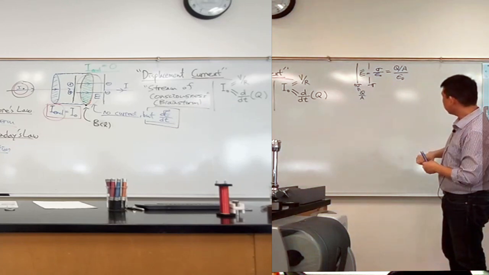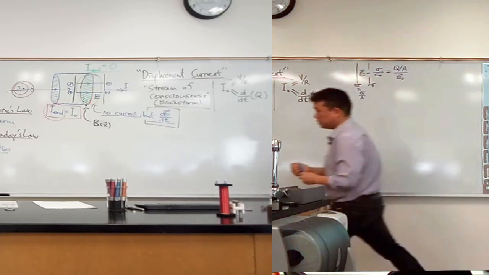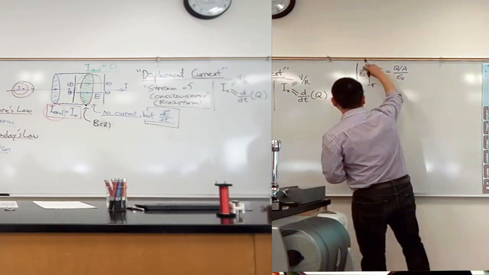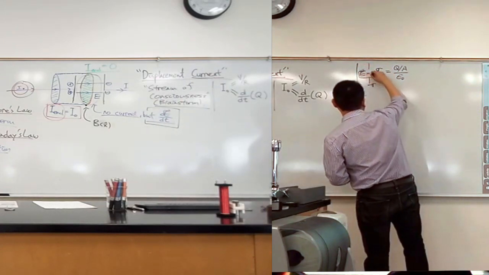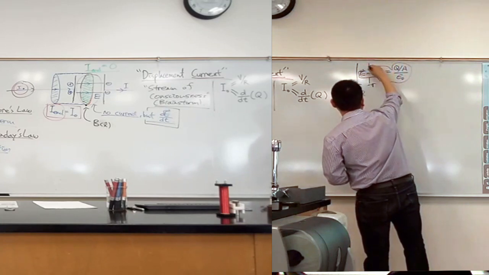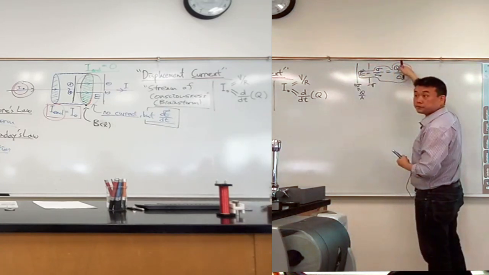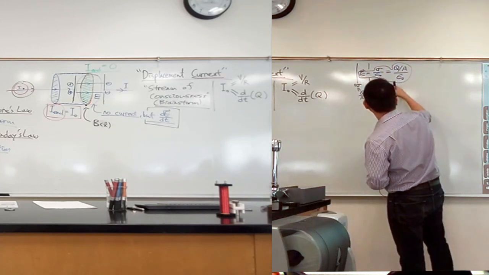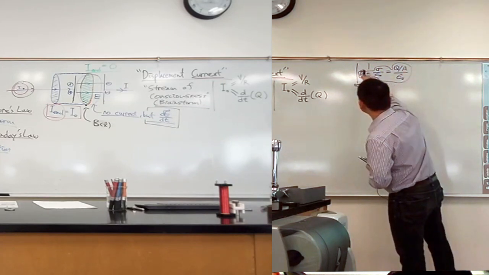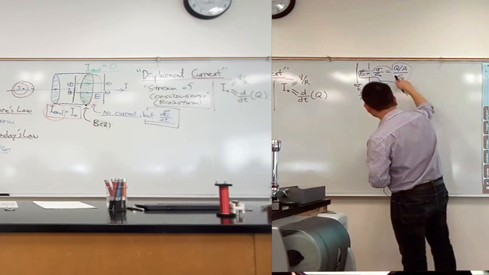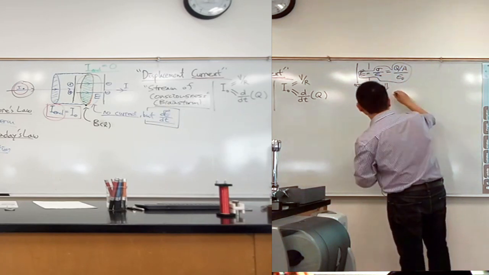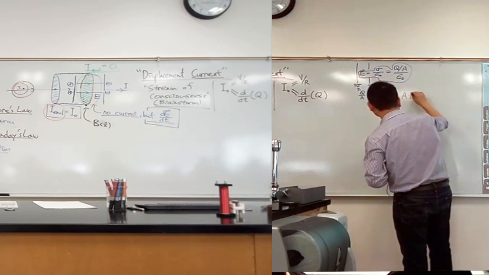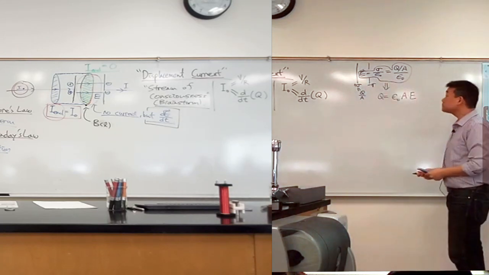So I'm going to take this expression, the electric field magnitude equal to this right-hand side, and solve this for Q. I can say Q is equal to area times epsilon naught times E. So, epsilon naught times area times E.